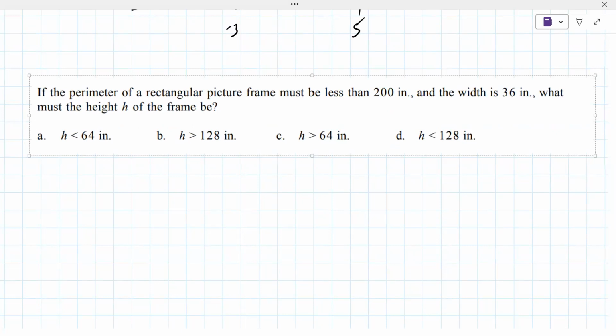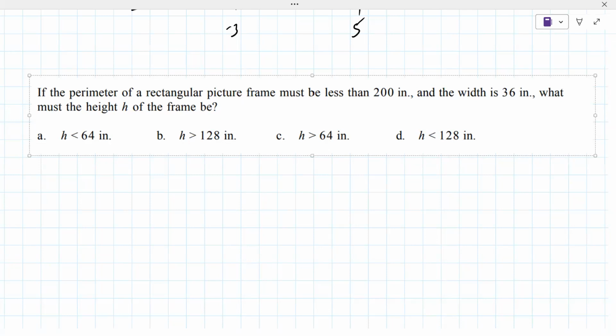So then, must be less than 200. And the width is 36. This is probably easiest if I sketch it out first. Width is 36 and 36.